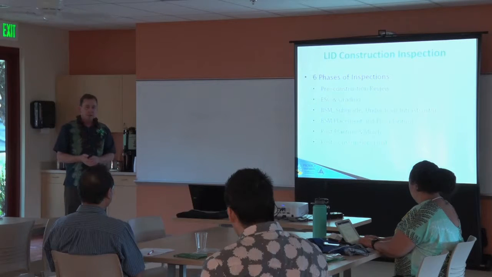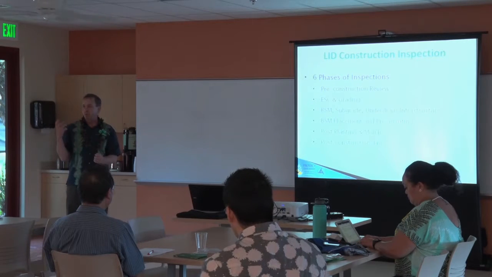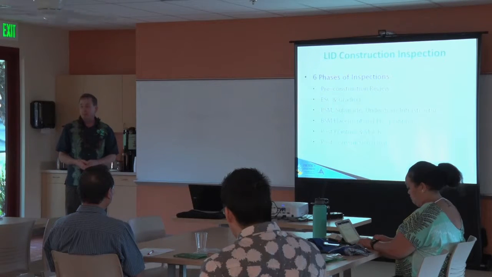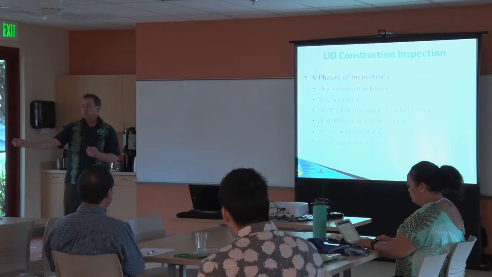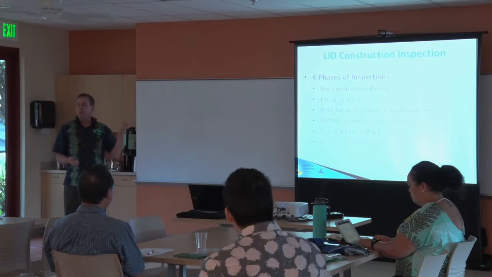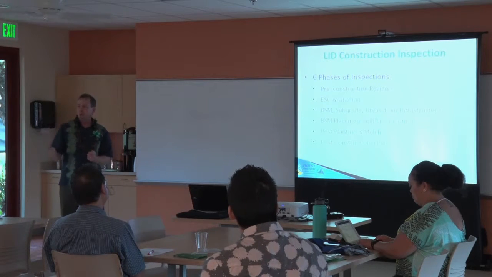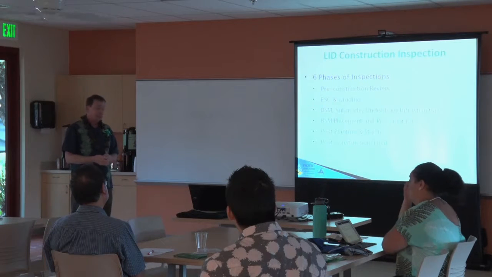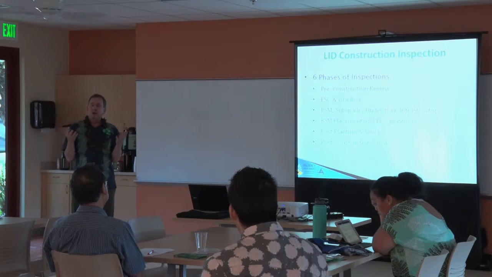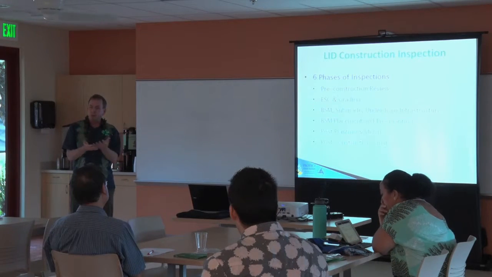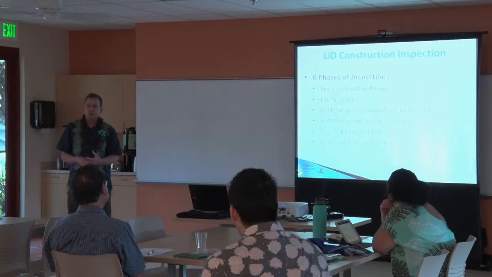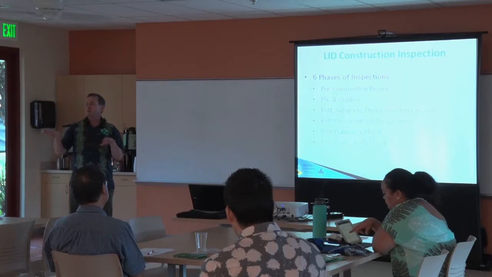So, much like if you're doing a project and it had some kind of fancy electrical control equipment, you might need a specialty inspector for that. When it comes to some of this stuff, you may want to say, hey, wait, we need to find somebody that knows are these the right plants we're putting in here. It's important because a lot of these features are designed with different wetness zones.